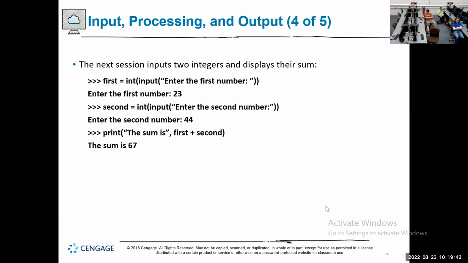For this one, you get the input and use the int function. You convert it to the number 23. The second one, you have 44. Now you want to print out the sum. This one is text, and that is the value. You add the first and the second, and you print out the sum of 67. It's very straightforward. Any questions so far?